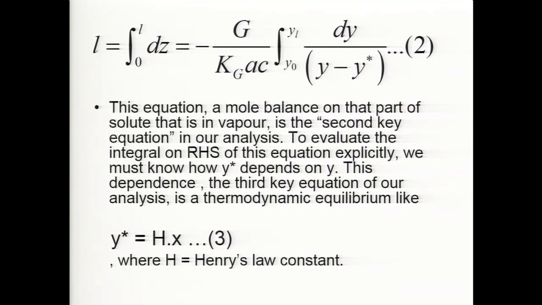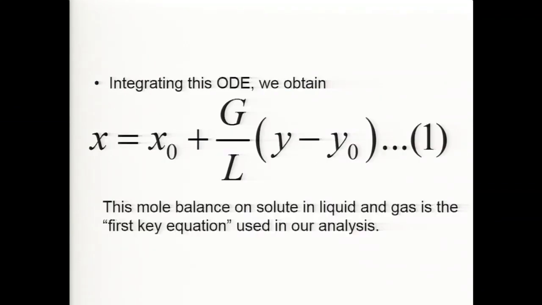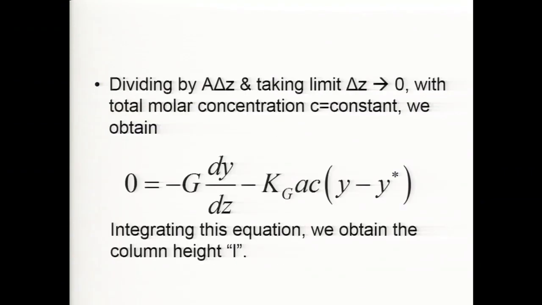Under the assumption of dilute vapor, having exhausted two mass balances, we now have to go beyond the kinetics, and that is equilibrium, which comes from thermodynamics: Y star equal to Hx. We know how to relate X and Y because we had this equation from the first part of the mass balance. So we substitute this quantity for X in Henry's law.